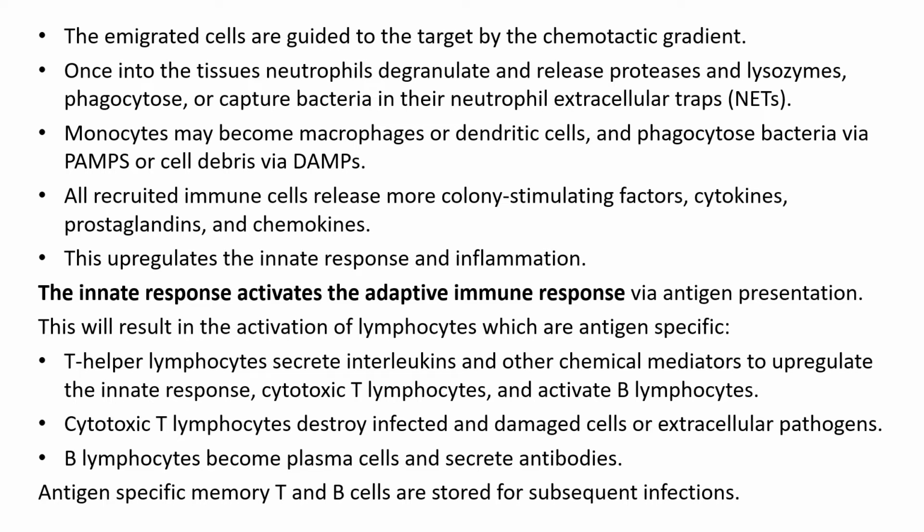But all of them, if you remember, the key thing, other than being antigen specific about the adaptive response, is that we make these memory cells. So some of the cells that proliferate, the T and B cells, will go out and deal with the problem at the moment, but some of them will get stored away in lymphoid tissue, ready for subsequent infections with that particular antigen.